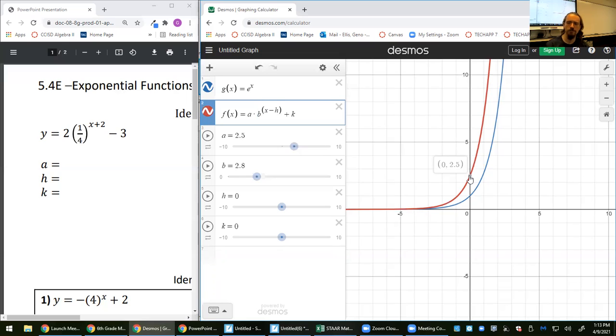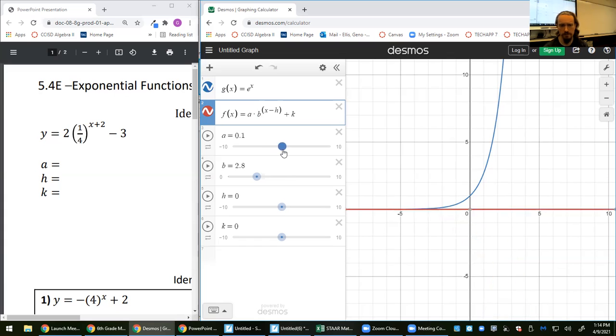So you did this last year, if you remember, because you didn't deal with this h and k with exponential functions. It was only a times b to the x, right? So a was always that initial value, where you started out. So as we increase the value, it just changes that y-intercept, and as soon as it becomes negative, it's still the y-intercept, but it flips the whole graph upside down.